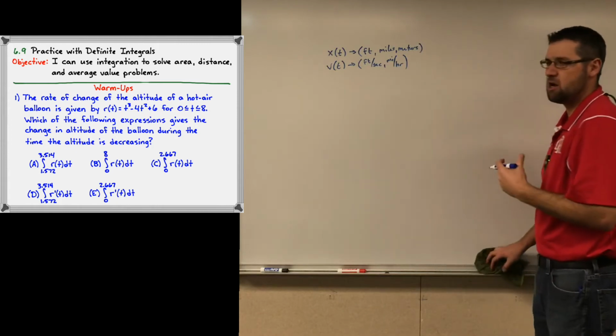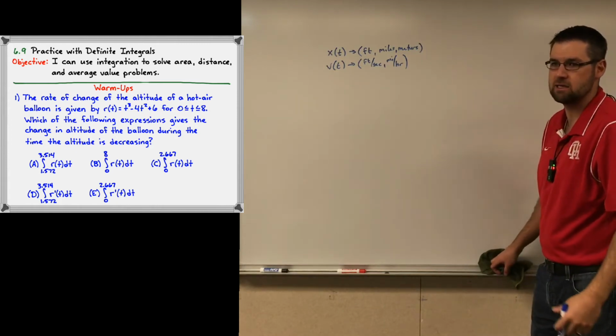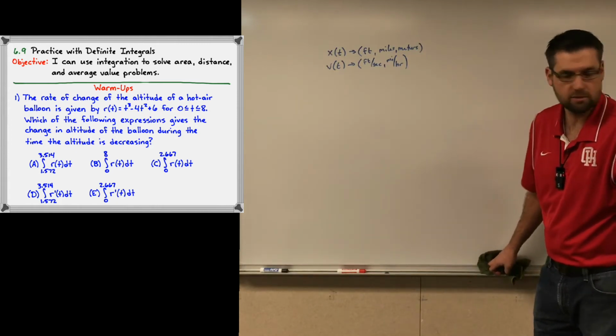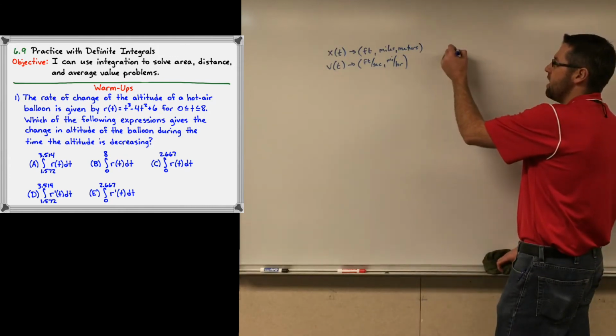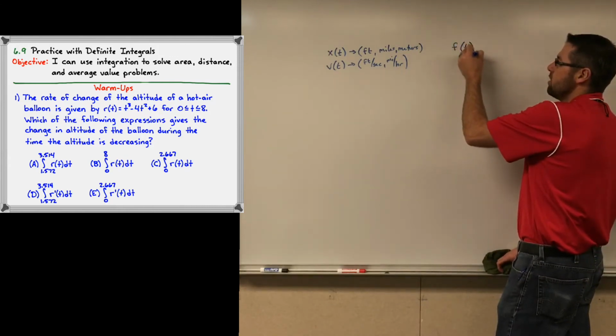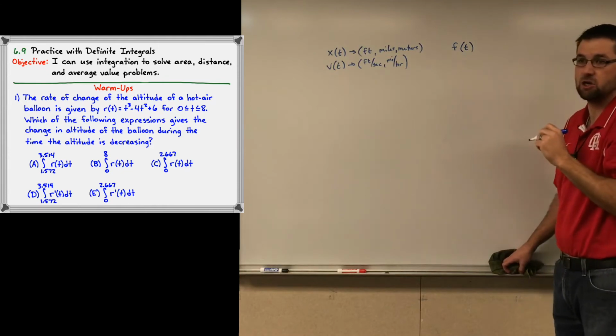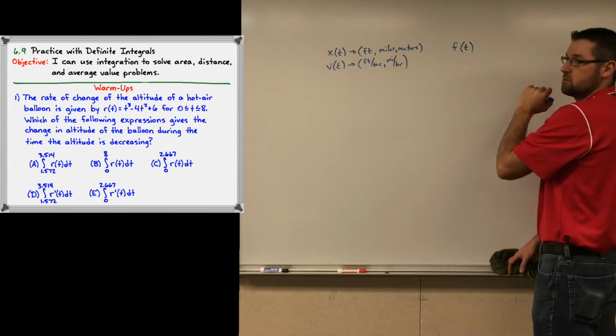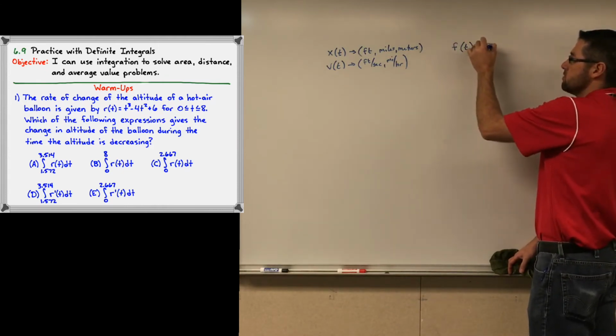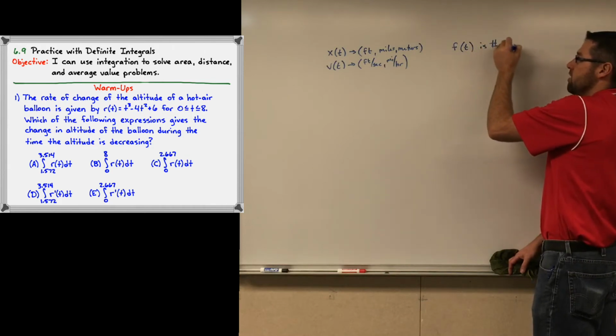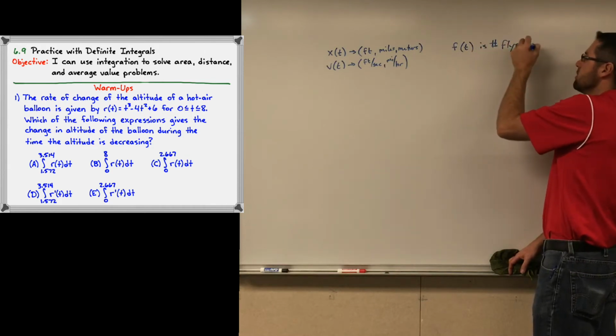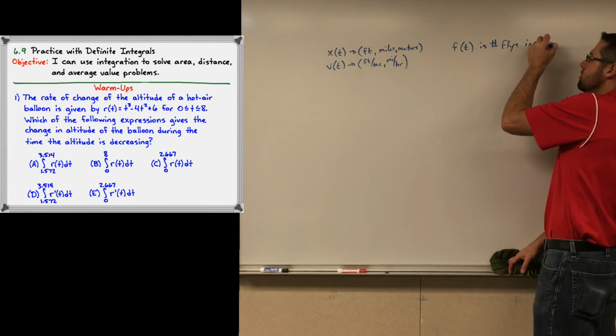Okay. Let's talk about the amount of flies in a jar. Let's say f of t represents the amount of flies in the jar. What would the units be on this? Number of flies.